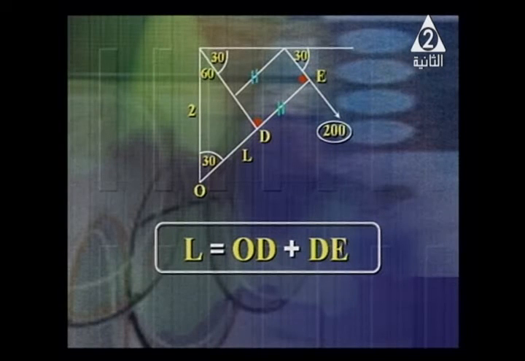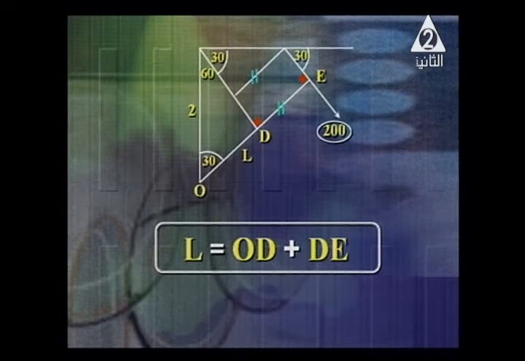Look at the 30-60 degrees triangle. L is opposite angle 60. We find the length of OD by using cosine 30 or sine 60. Sine 60 equals L over 2, or cosine 30 equals L over 2. Cosine 30 is root 3 over 2.